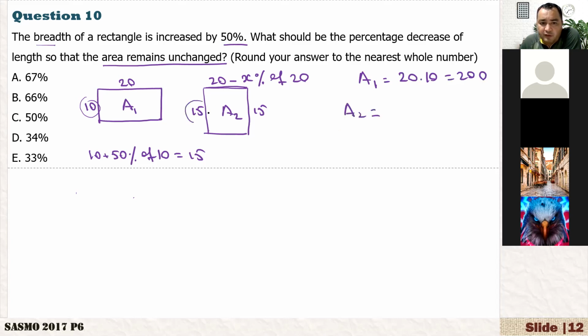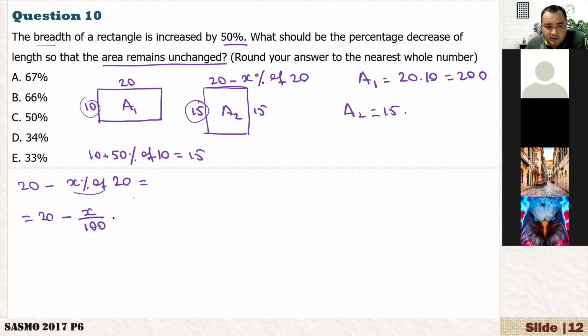And how about A2? A2 is equal to width 15 times length. Let me simplify: 20 minus X% of 20 is 20 minus X over 100 times 20. 20 is a common factor, so I can write it as 20 times 1 minus X over 100.